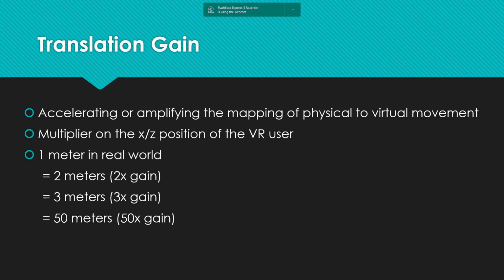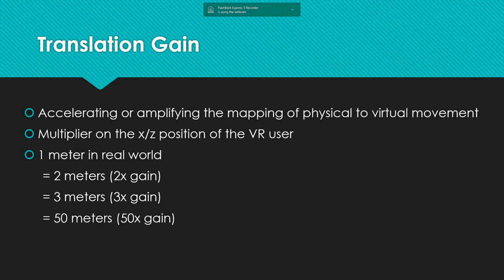And then, similar to that, there's translation gain, where the movements are amplified or accelerated by multiplying the gain on movement in the x and y axes, as opposed to the z axis.